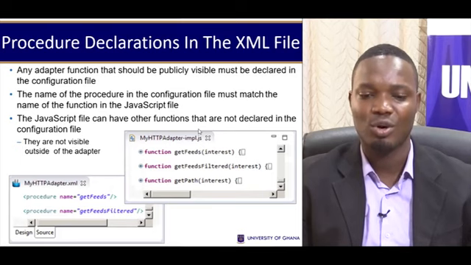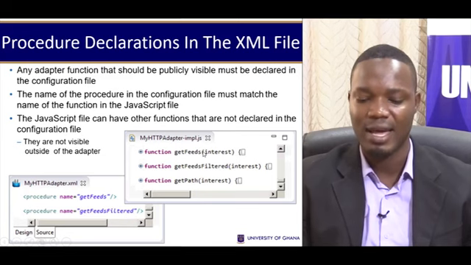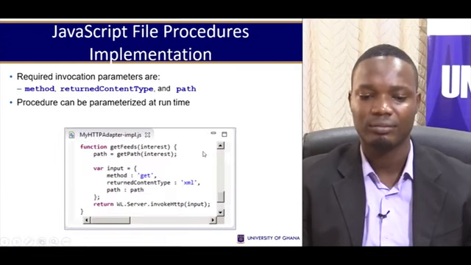Again, like we saw previously, and which is going to be the same for the rest of the adapters we talk about, the procedure definitions are declared in the XML file, and an implementation is done in the JavaScript file. And in the JavaScript file, where we implement the procedures, some parameters are required.